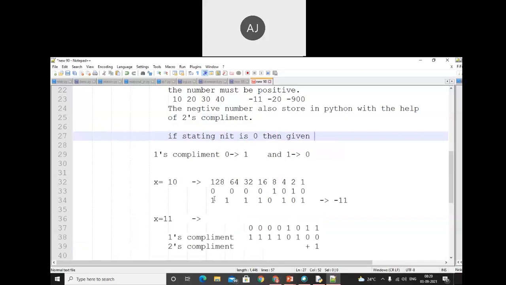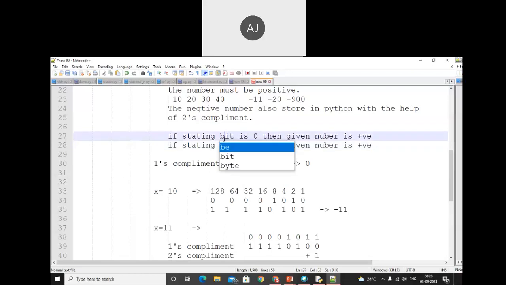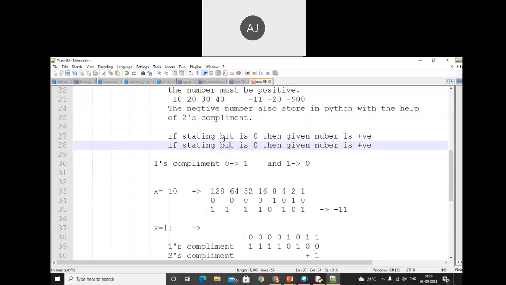I'm talking about the starting bit. If the starting bit is 1, then the given number is negative.